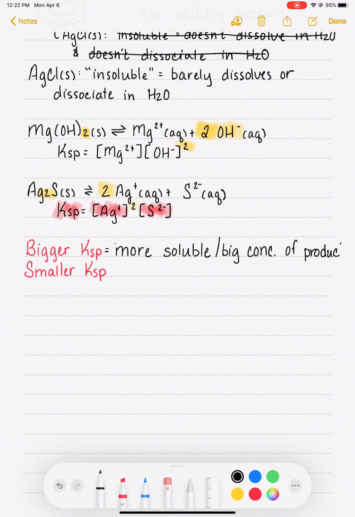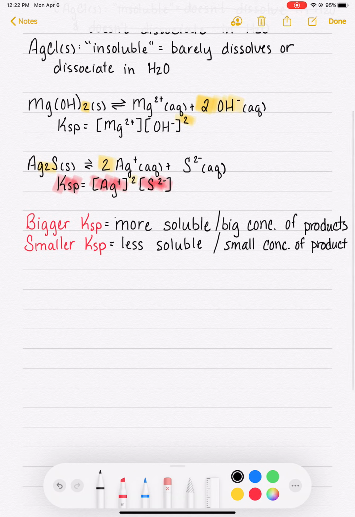And this is the same as what we talked about in 162 when we were looking at the values of K. If we have a small KSP, a small equilibrium constant, our position of equilibrium is to the left, which means that we have a small concentration of our products. And that means that our substance is less soluble. It does not really want to dissolve very much. I feel like I want to explain that again.